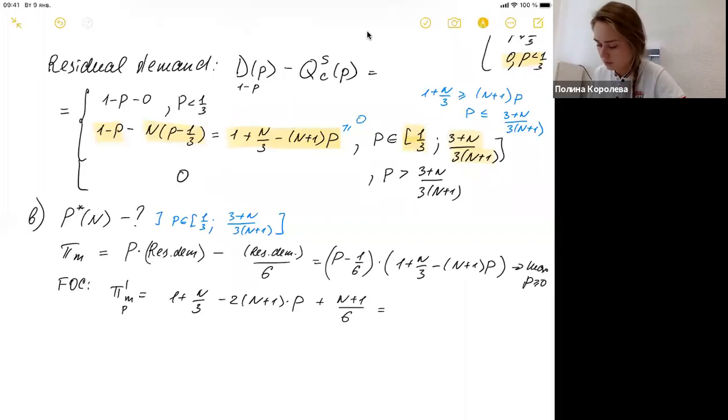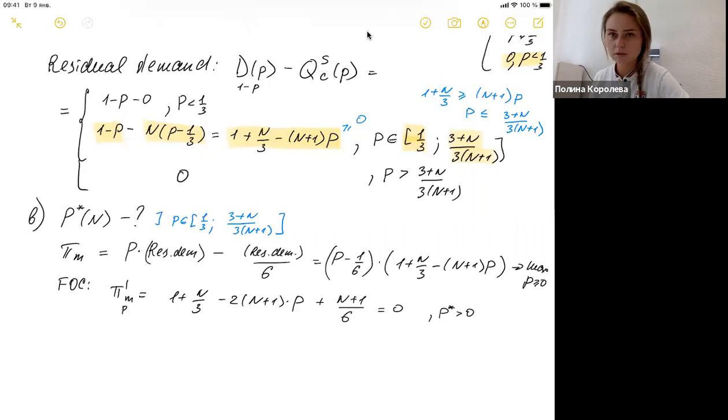And this should be equal to 0 if we work with our positive prices. And also we need to check our condition for prices. So, okay. From here, we can find the price.